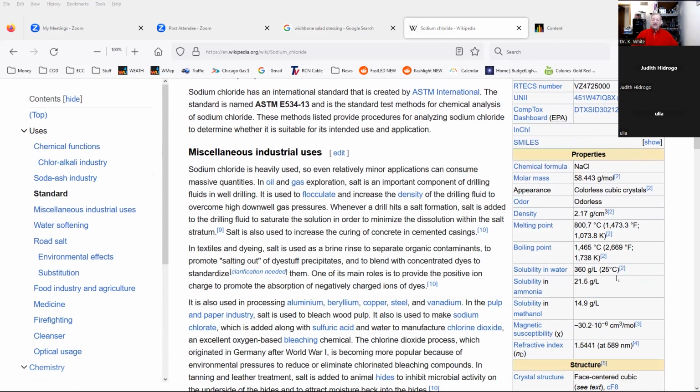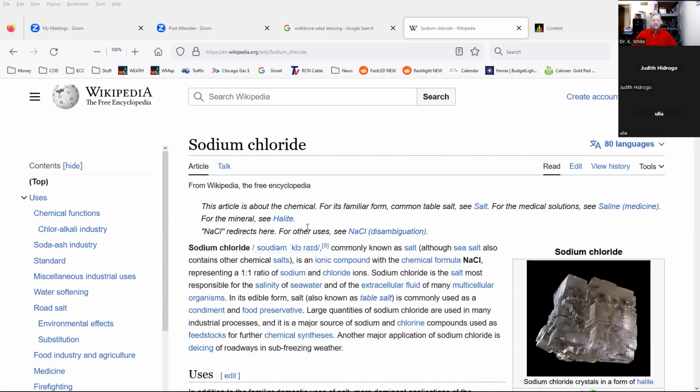And that tells me at 25 degrees C, which is essentially called room temperature, I can dissolve 360 grams of salt in 1 liter, that's per L, that's 1,000 milliliters of water. In ammonia, it's a lot less. In methanol, it's even less. Now, that was 360 per 1 liter.